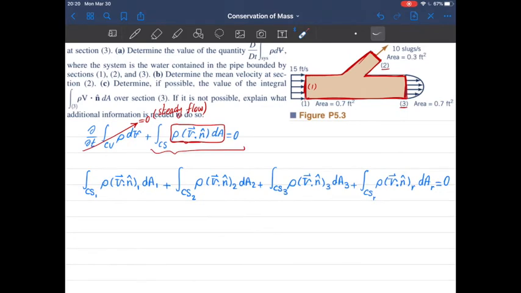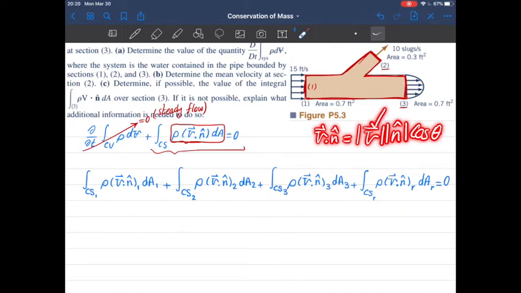So for the rest of the control surface we have this term v dot n, and remember that v dot n is equal to the magnitude of v times the magnitude of n times the cosine of the angle.